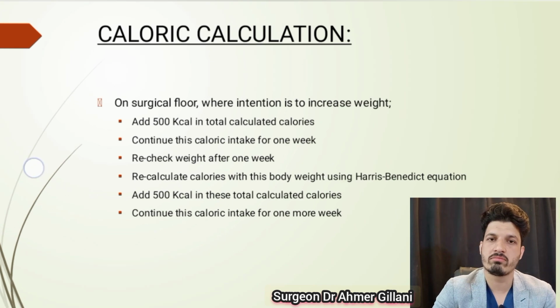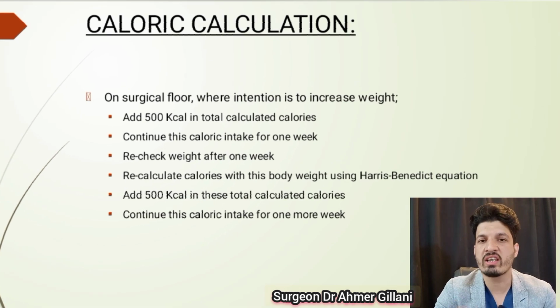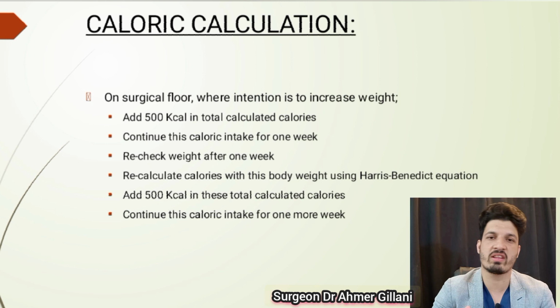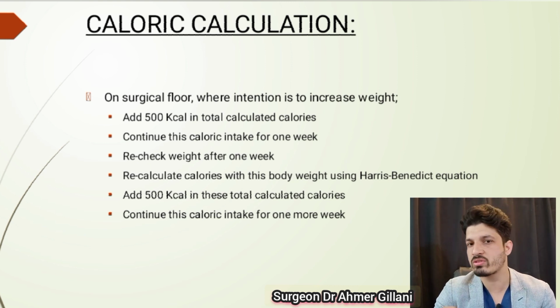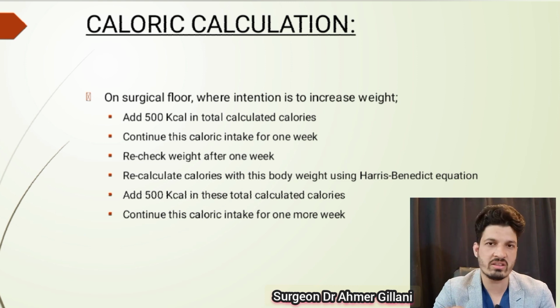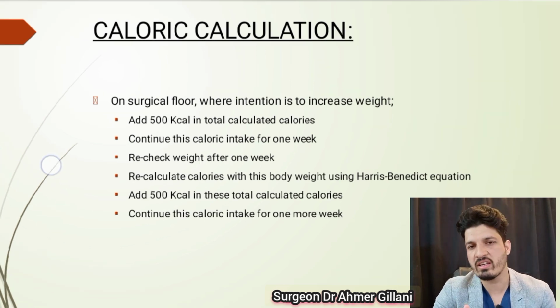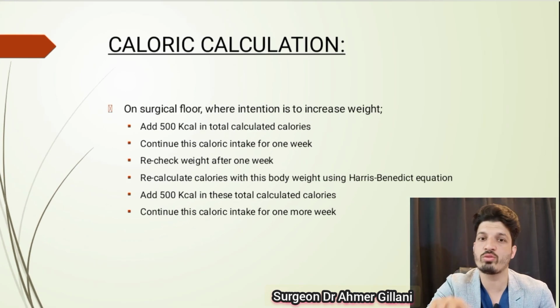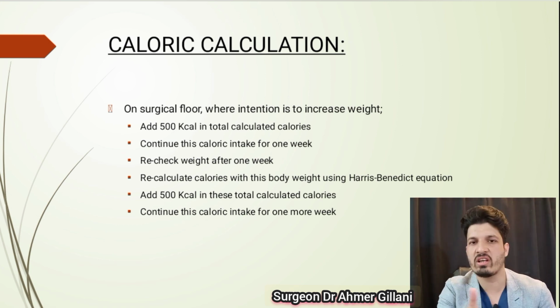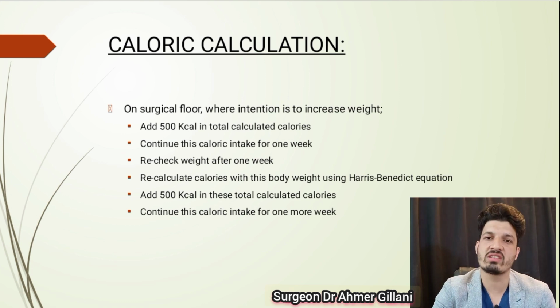And again, the most important thing, you will continue this regimen for 1 week. After that, you will assess the weight of the patient and you will again use that current weight in the Harris-Benedict equation and total energy requirement, and again you will add 500 to that equation and continue for 1 week, and this system will continue until you reach your desired results.